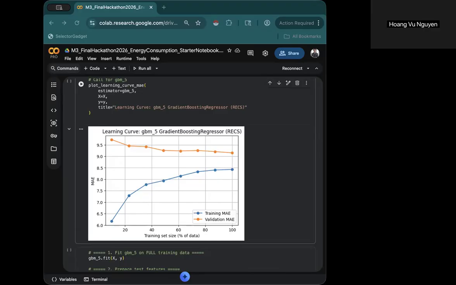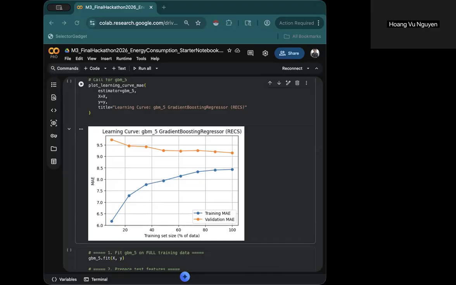If training error was very low but validation error was much higher, that would indicate overfitting. In the best gradient boosting model, the learning curve showed that training MAE is slightly lower than validation MAE. There is a small and stable gap between the two, but they are converging as the training size increases. This shows that gradient boosting is the most well-fitted and most appropriate model so far.